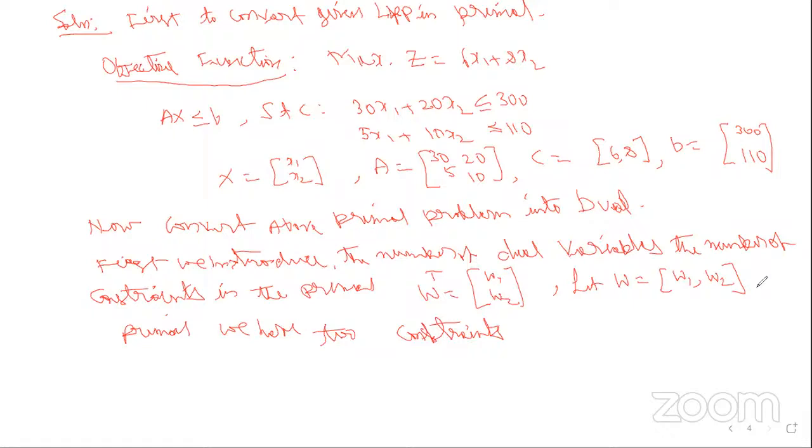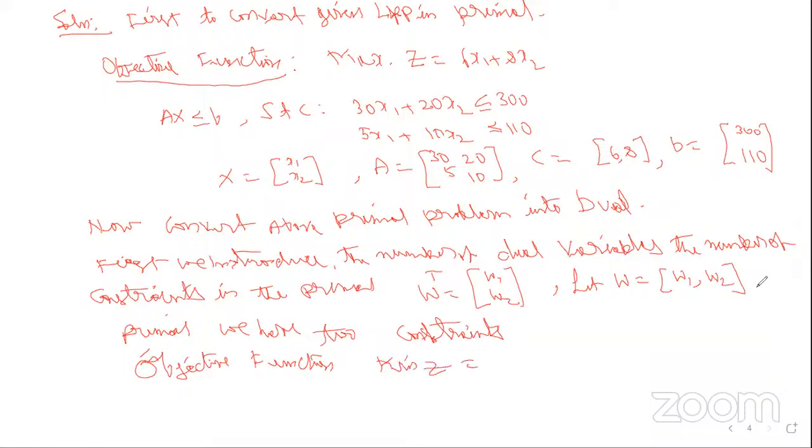Objective function. Here, what is max Z? We need to write minimum Z. Min Z means minimize.